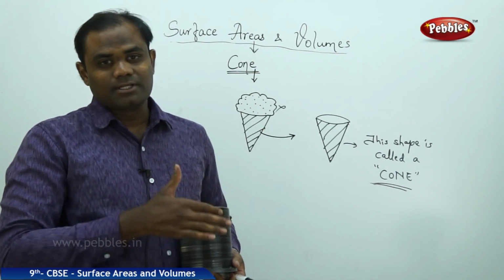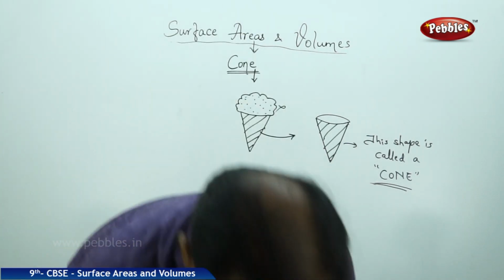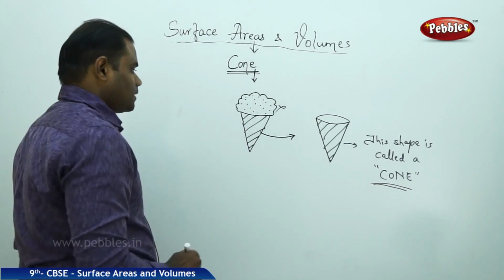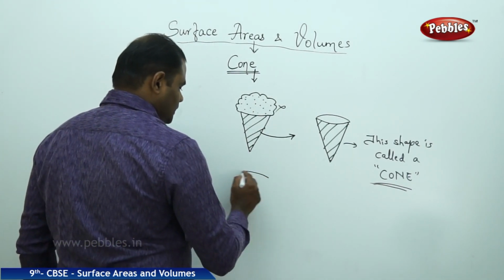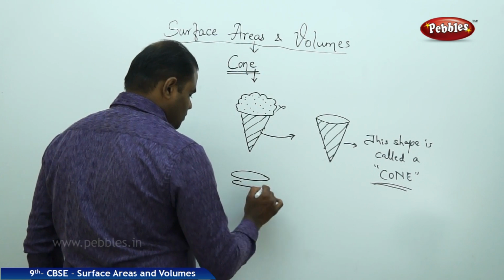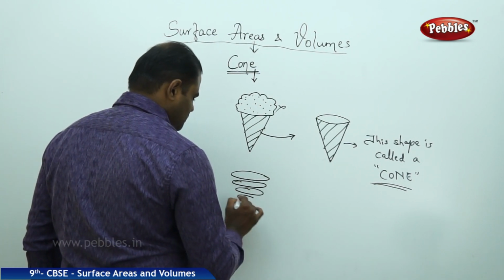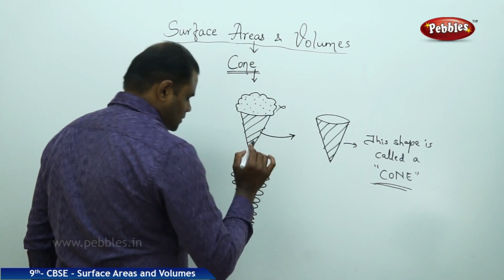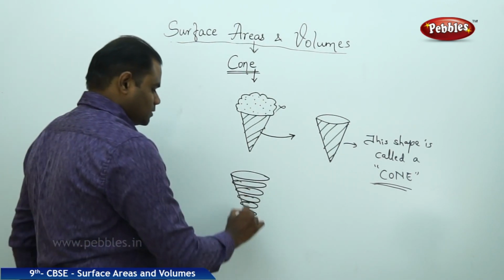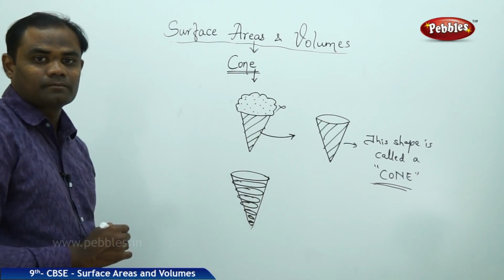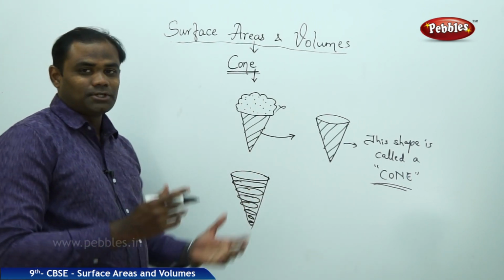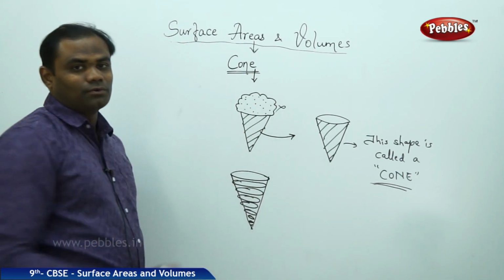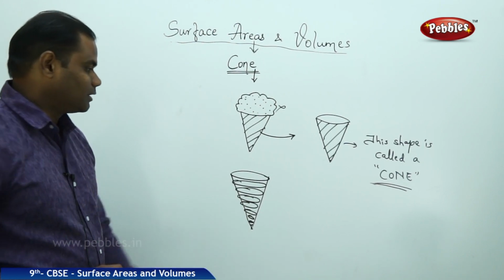A cylinder has all CDs of the same size, but a cone has CDs which are decreasing in size. So I take a CD, then a smaller CD, the next smaller, and I get a shape called a cone. Circular regions placed in decreasing order until they reach the 0 point is how we define a cone.